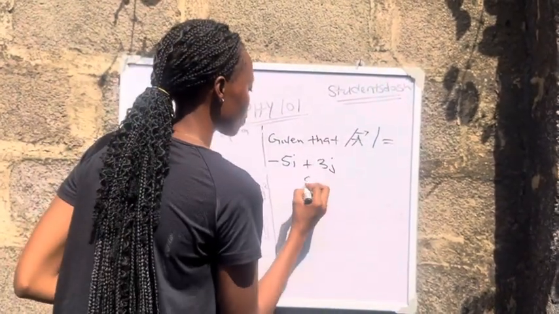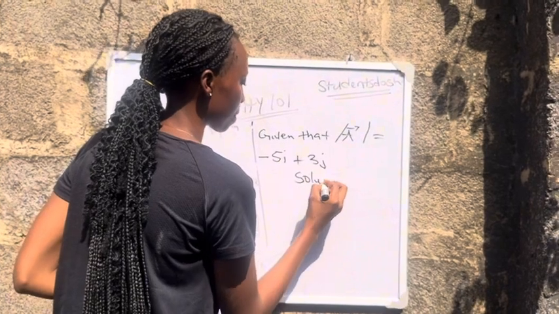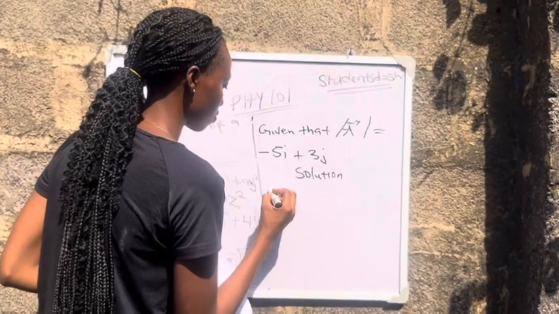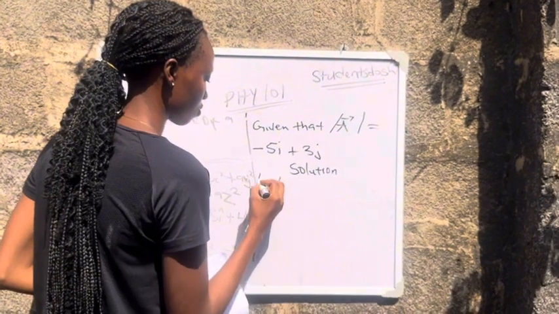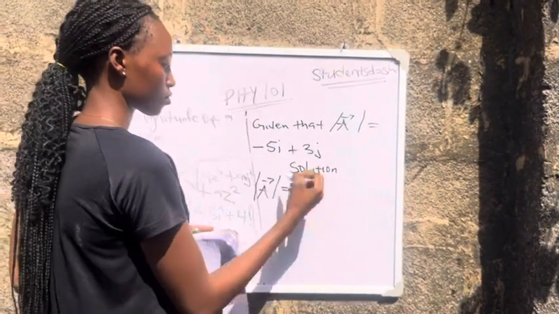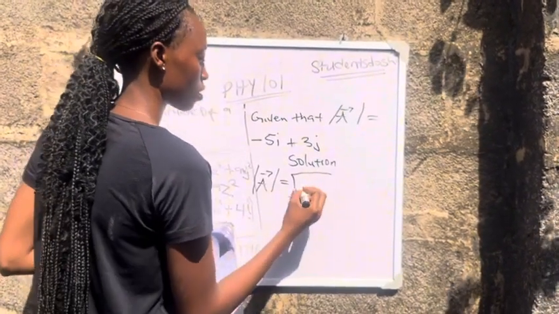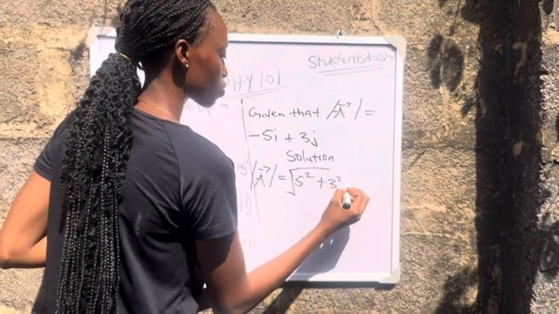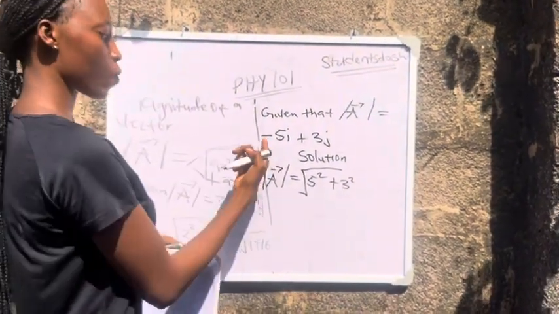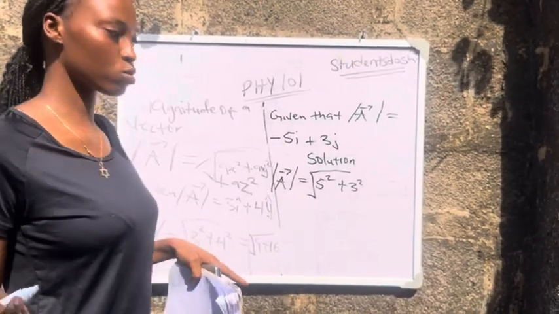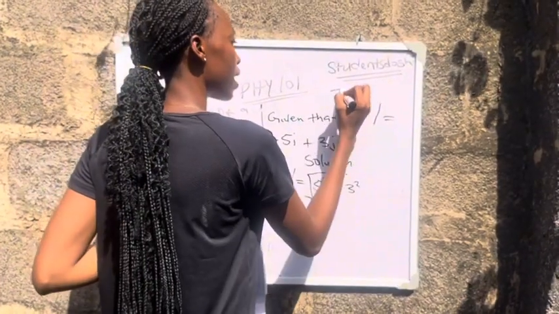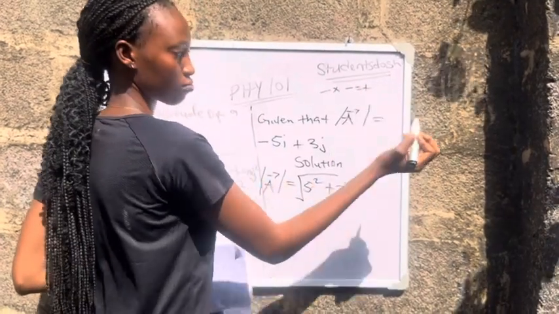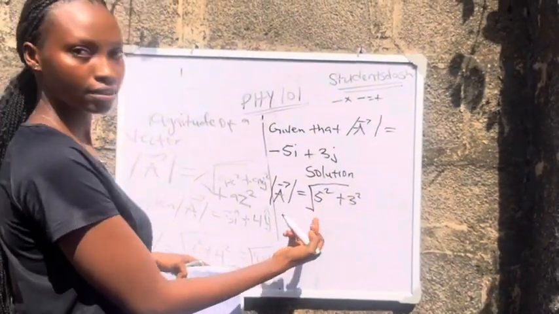So you now say solution. Your square root of 5 squared plus 3 squared. Some people will be asking, where did this minus go to? Remember that minus times minus will give you plus. So that is what I did here.